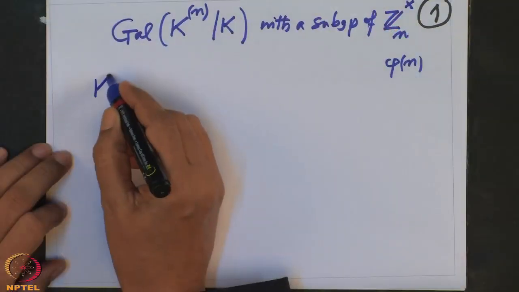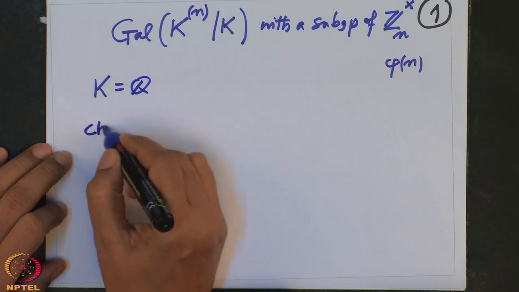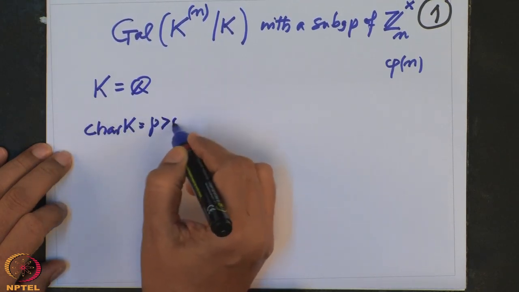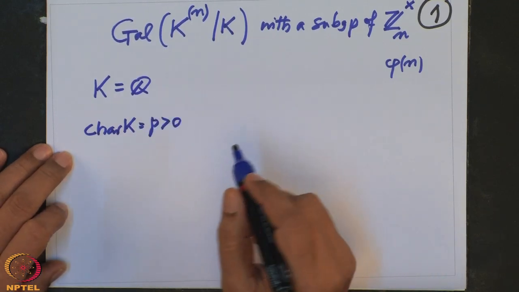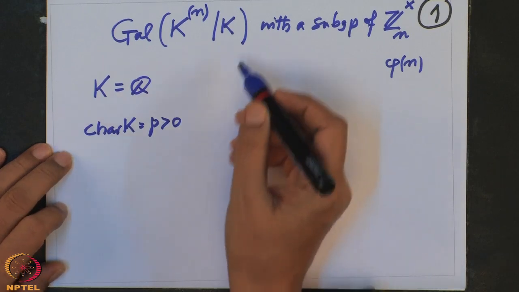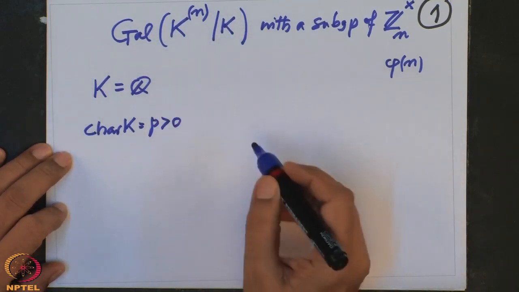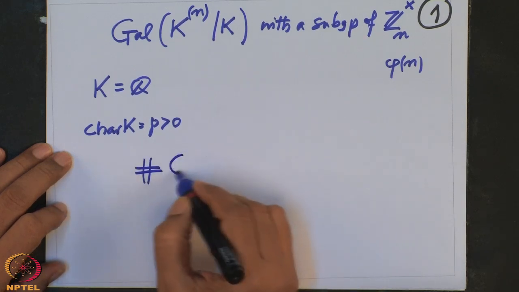First, I will assume the characteristic of K is 0, that means I will assume that K is Q, and next I will assume the characteristic of K is positive. So as you see, I want to find exactly the order of this group.